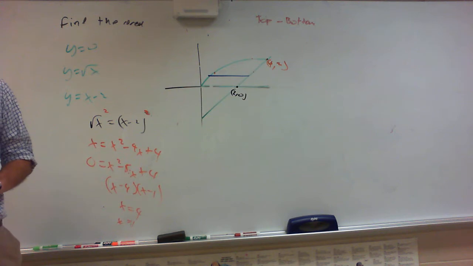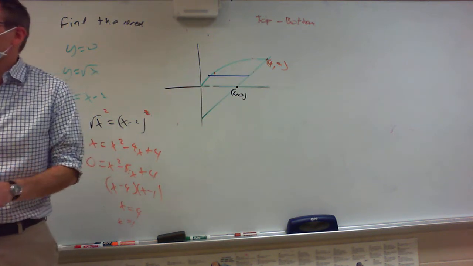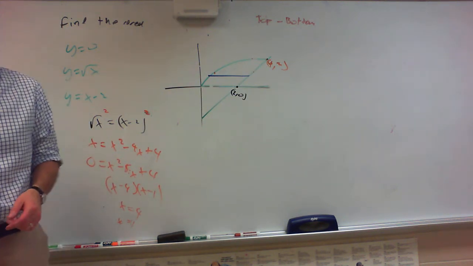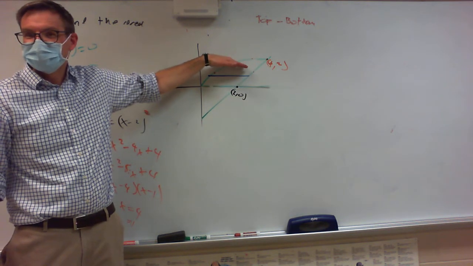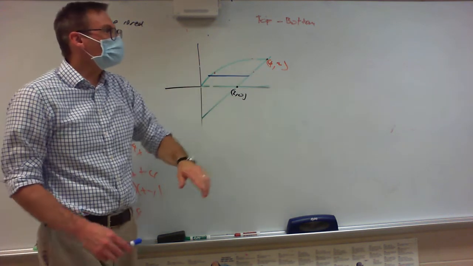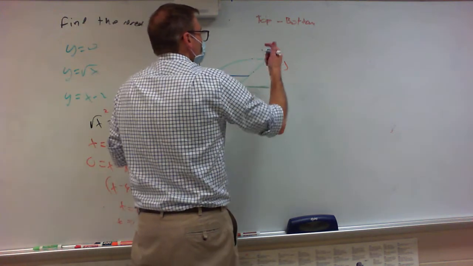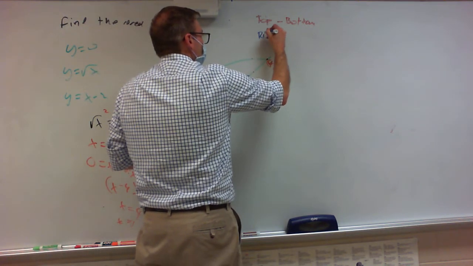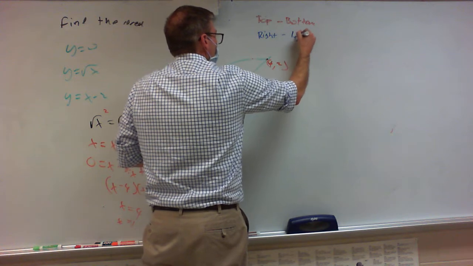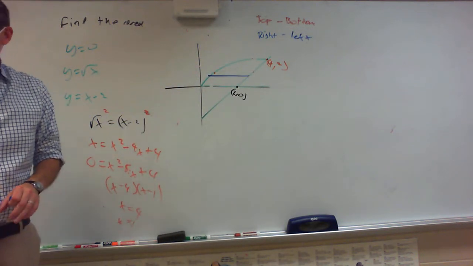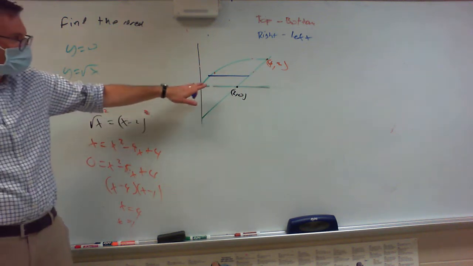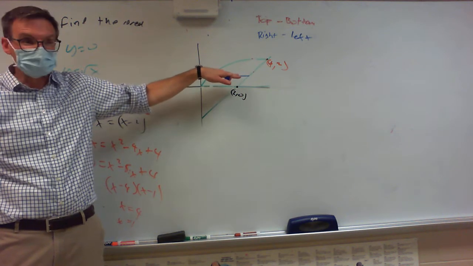Now, here's the benefit. When you use a horizontal rectangle, do you see that you only have to use 1? Whenever you use a horizontal rectangle, instead of top minus bottom, it's right minus left. Everybody see in this picture a horizontal rectangle is preferable?